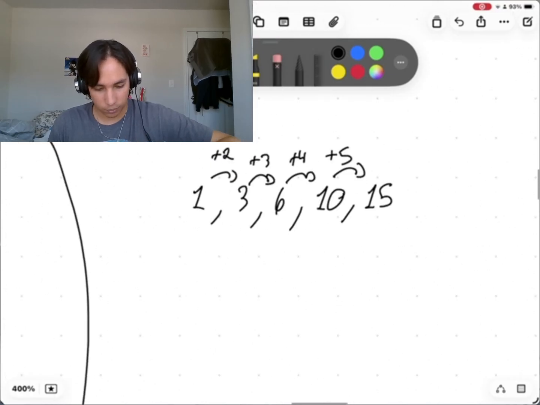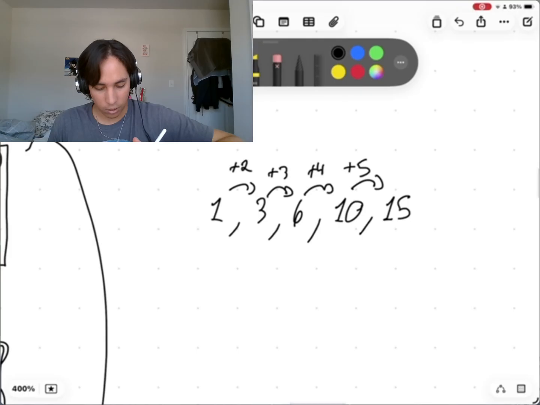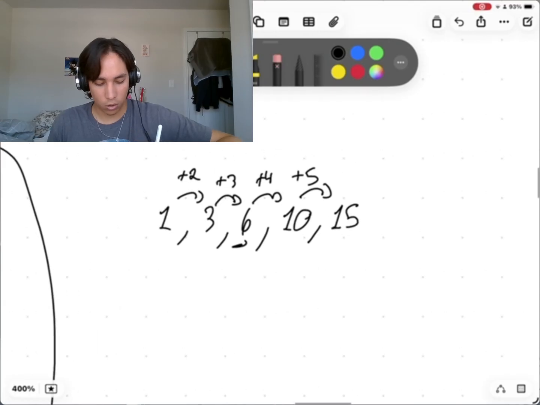So basically, when n equals 2, you have to add 2. You have to add 1, and then plus 2 is 3. If n equals 3, you go 1 plus 2 plus 3, right?